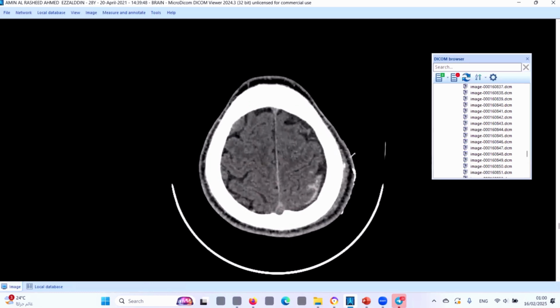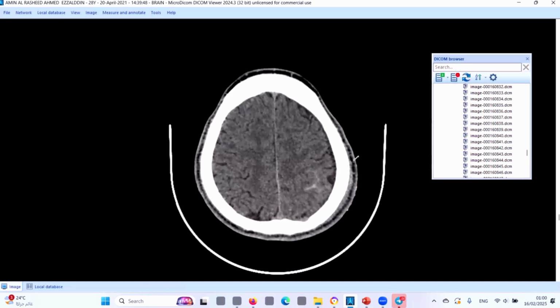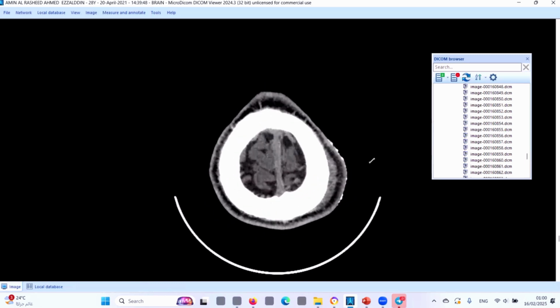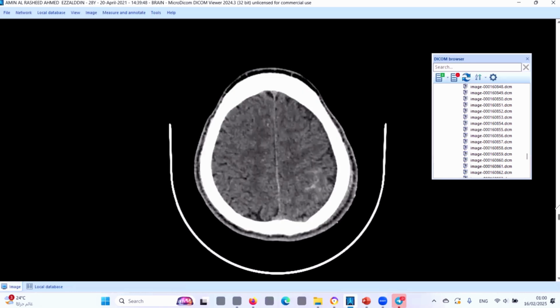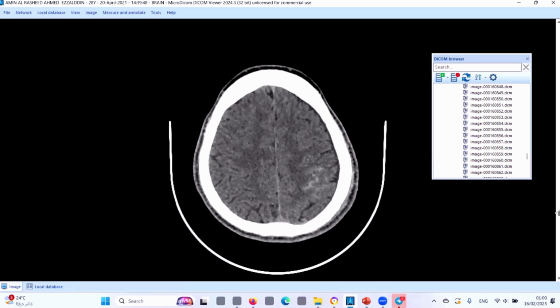So we have here post-traumatic subarachnoid hemorrhage at the left high parietal region, and also we have here left high parietal extracranial subgaleal hematoma, which confirms the site of the trauma. As we discussed in the previous vignettes, once we have any trauma, we should search for coup and contrecoup injury.